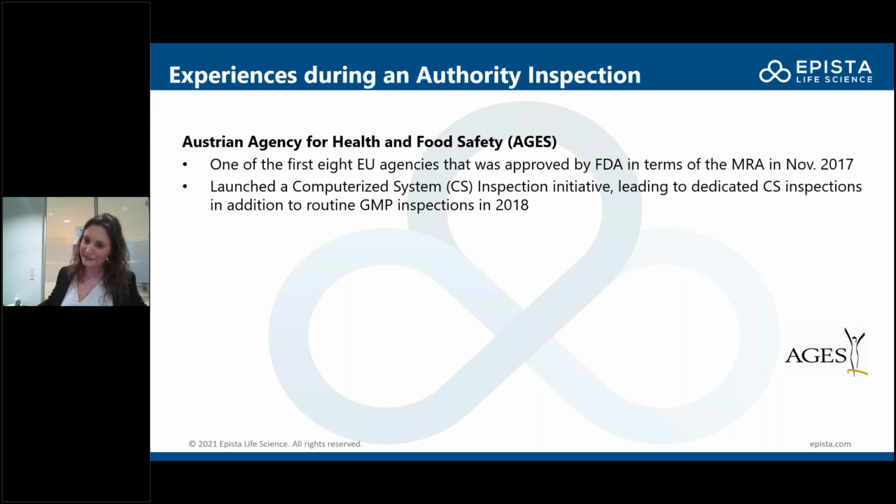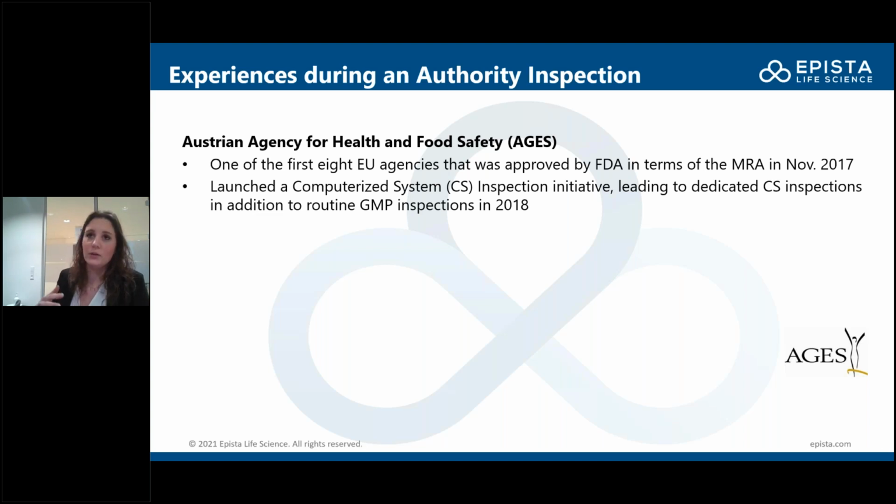ultimately, really recently after that, beginning of 2018, AGES launched a computerized system inspection initiative, meaning that they actually had their own department within the inspection department that was focusing on computerized systems and data integrity. And they then started in 2018 to conduct dedicated and separate computerized system and data integrity inspections.